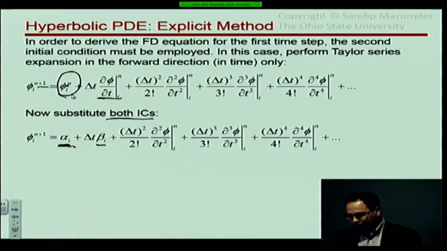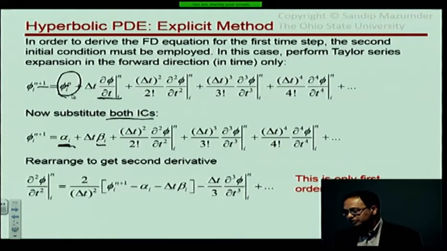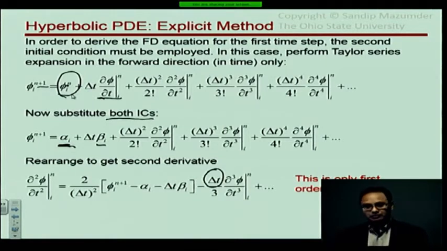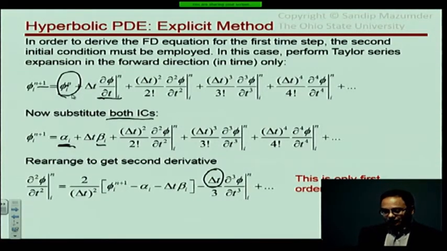Once we do that, we can rearrange it to get our second derivative, and it turns out that the second derivative is only first order accurate. We do expect that, because we are using just two Taylor series expansions.